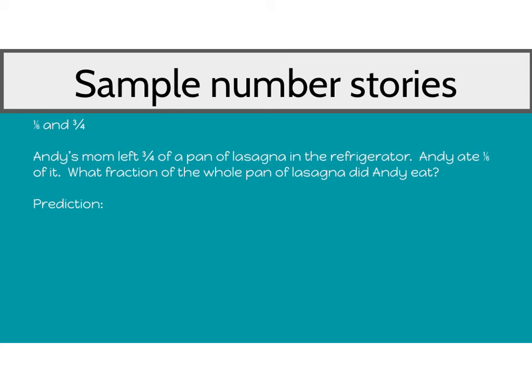So when we look at the factors that we are using for this problem, we have the fraction 1/6 and we have the fraction 3/4. If I'm making a prediction, I am going to make the prediction that my answer is going to be less than 1/6 and less than 3/4 because both of those factors are less than the whole number 1.